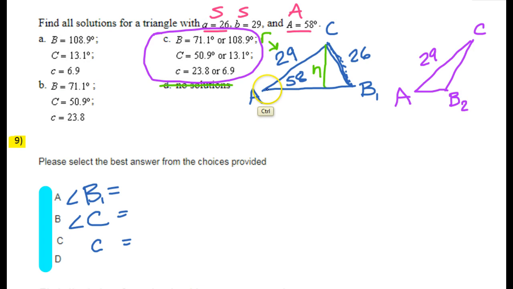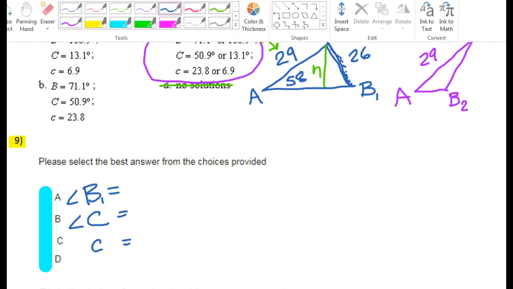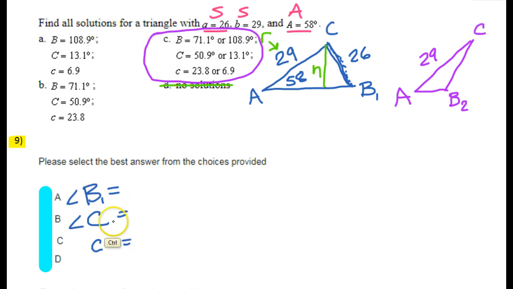And by the way, side C has two different lengths. So we're going to have B1, angle C1 and side C1, and then we'll have angle B2, angle C2 and side C2.